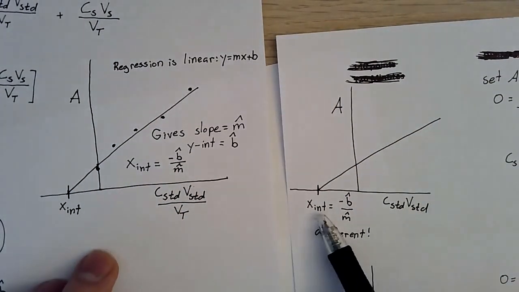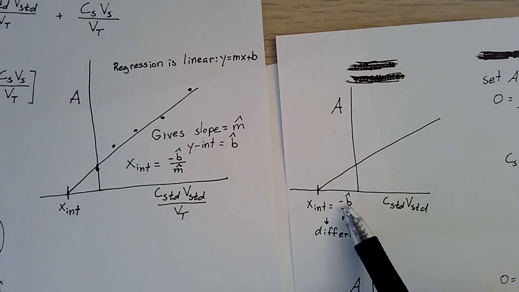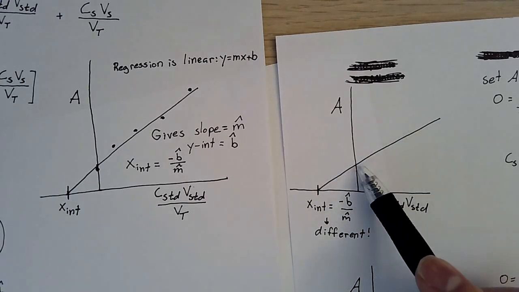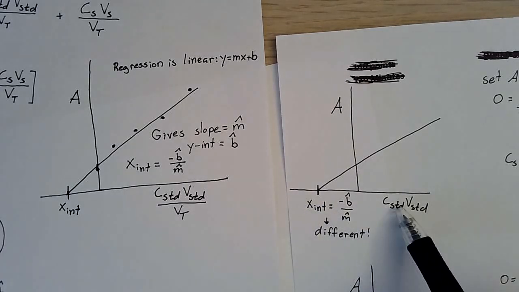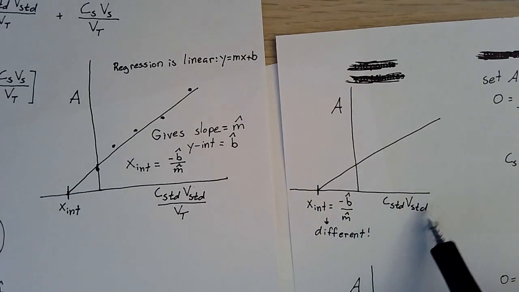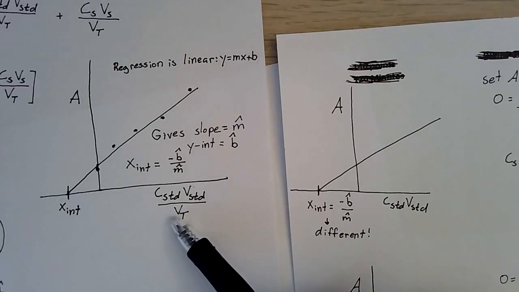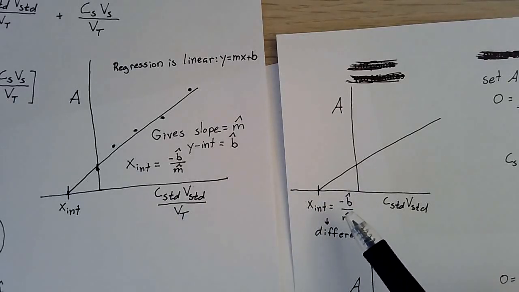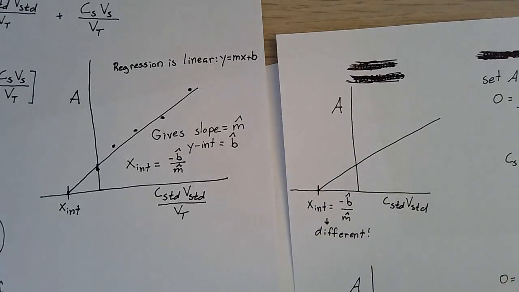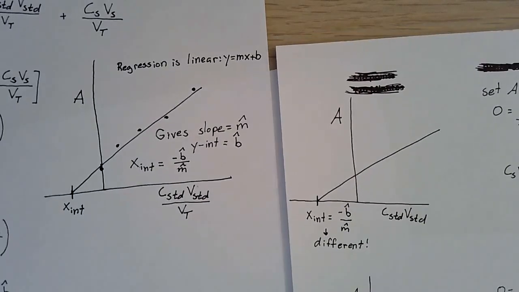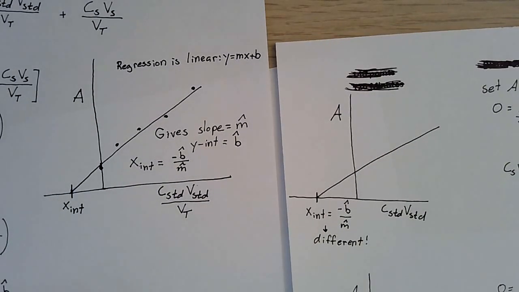So once again, the x-intercept will be whatever the y-intercept is that this line gives us divided by its slope. And of course, we'll have to put a negative sign out front of that as well. It's important to know that if you compare a figure with this as the horizontal value and this as the horizontal value, the intercept and slope will be different. And so the x-intercept will probably be different as well. But the procedure from there is much the same.